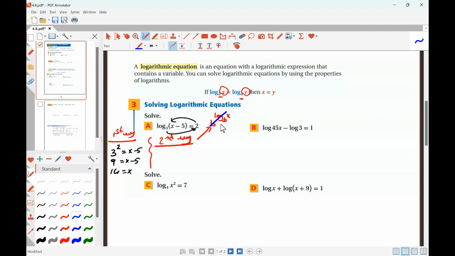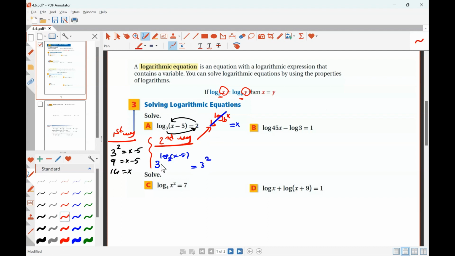We will be left with x. So we use the same property here. We use 3 as a base on both sides. So 3 raised to the power log base 3 of x minus 5 equals 3 to the power of 2.